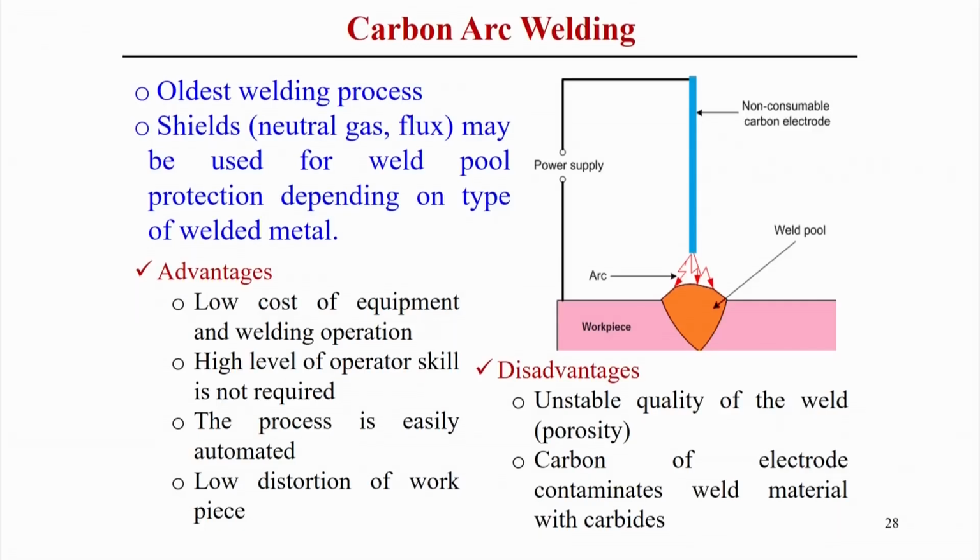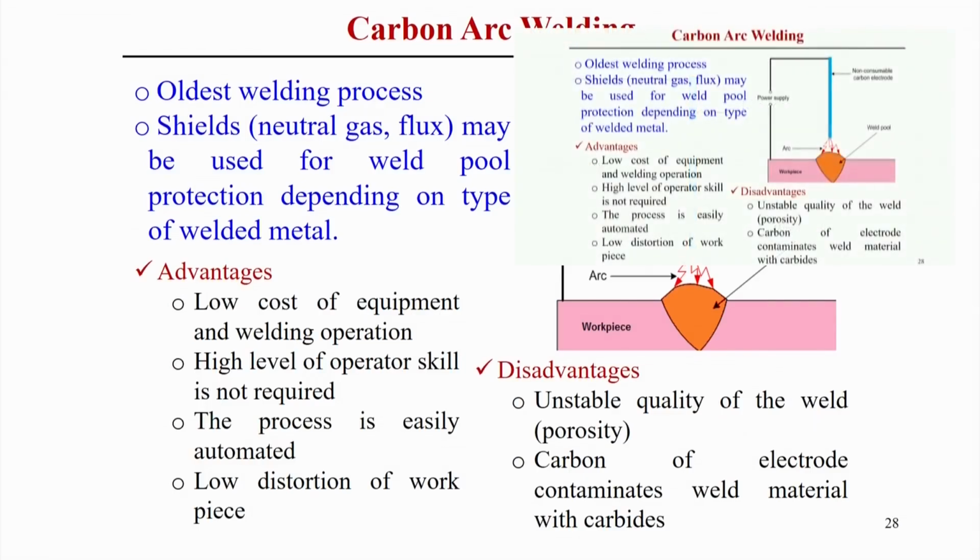Looking at the disadvantages of this process, it is mainly the quality of the weld joint. It is not suitable when you expect a high quality welding joint. Also, the carbon of the electrode contaminates the weld material, forming carbides, since carbon is acting as an electrode.